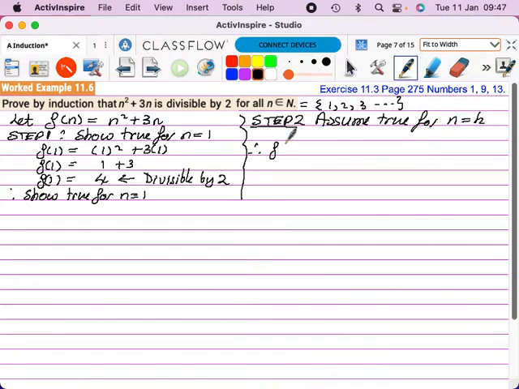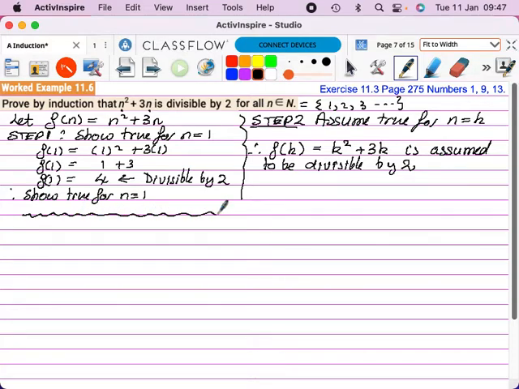Therefore, f of k, which is equal to k squared plus 3k, because all we do is replace the n by k, is assumed to be divisible by 2.